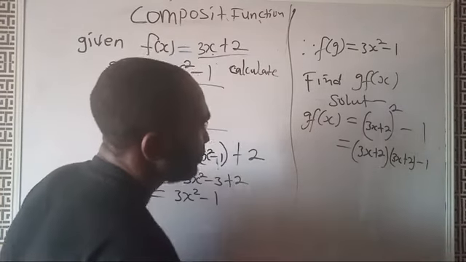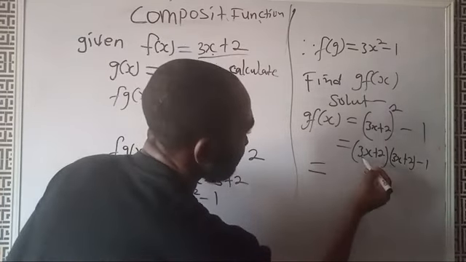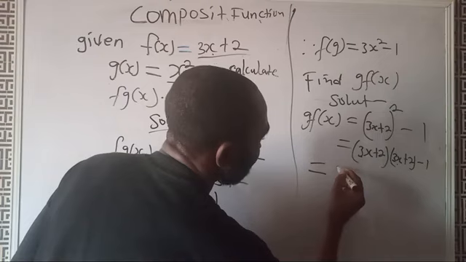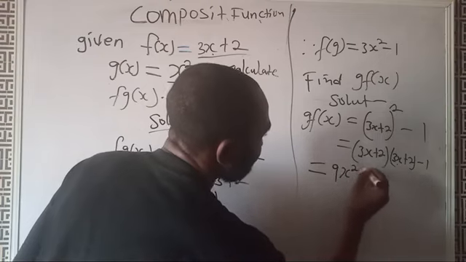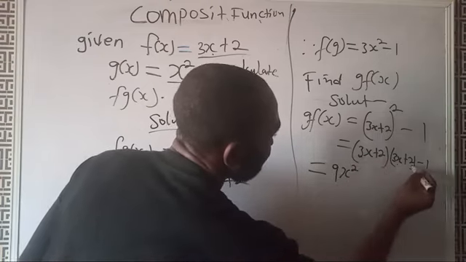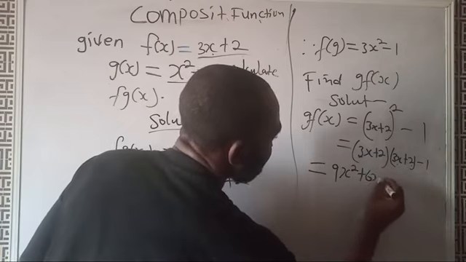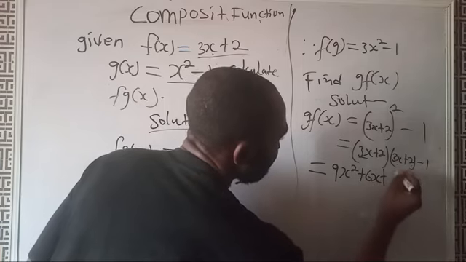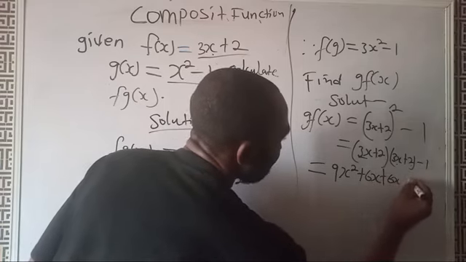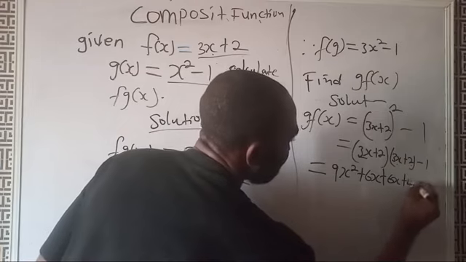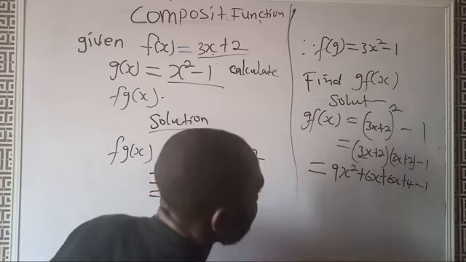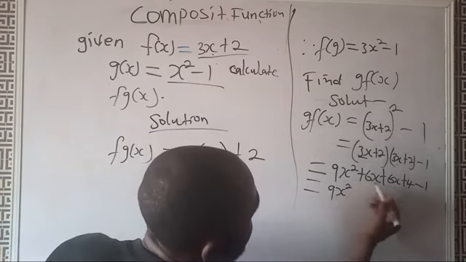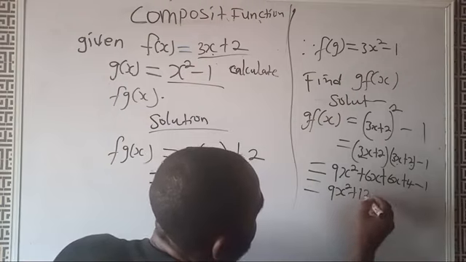Then this is equal to 3x times 3x, that gives me 9x squared. 3x times 2 gives me 6x. Then I'm done with this. Then 2 times 3x gives me 6x as well. Then 2 times 2 gives me 4, then minus 1. Then 9x squared, 6x plus 6x gives me 12x.